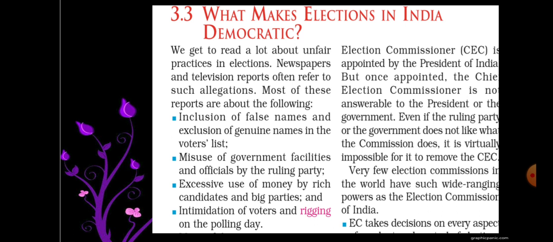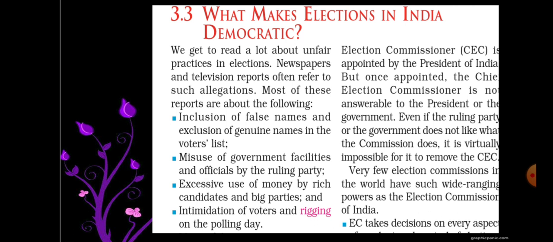Then, if the election process is not free or fair, the people will not continue to participate in the exercise. If people think the election process is not free and fair, they don't have any interest in voting activities.